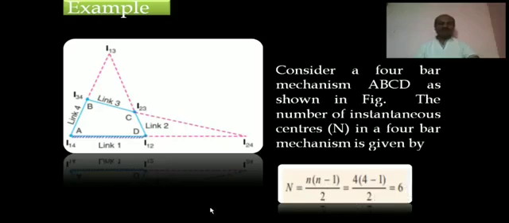Now out of these 6 ICRs, we know that there are some fixed ICRs, some permanent ICRs, and the remaining are neither fixed nor permanent type of ICRs. For locating all those ICRs, we need to write down all possible ICRs for this mechanism, and there is a specific method for writing these ICRs.